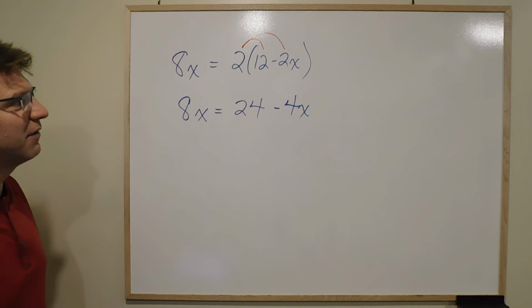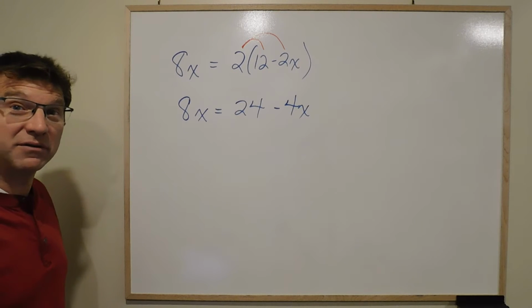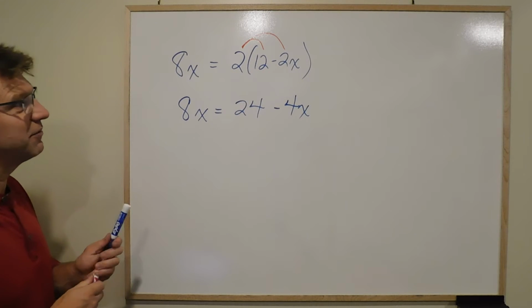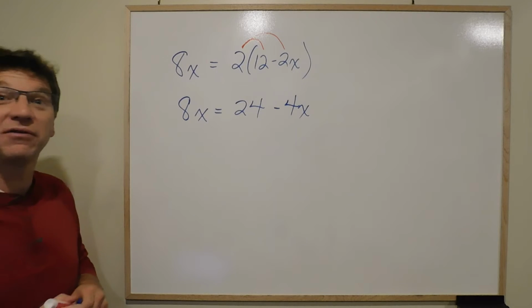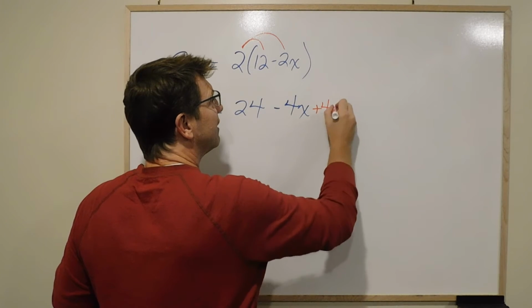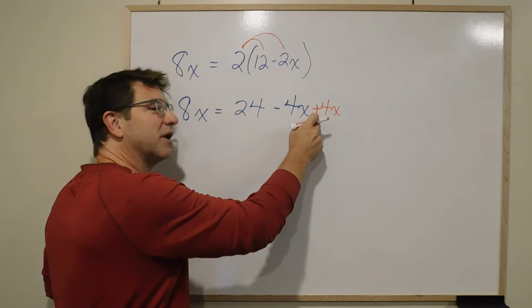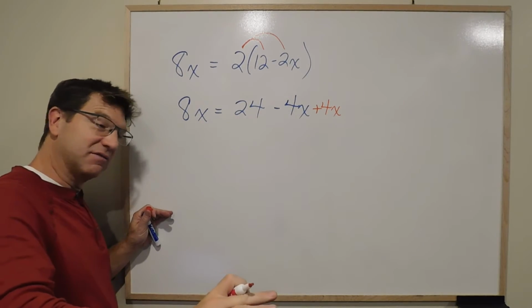All right, so now we've got x's on both sides. Not good, not what we're looking for, right? We can use the same strategy we used with the simpler ones a few slides ago. If I add 4x to this side, negative 4x plus 4x is nothing.